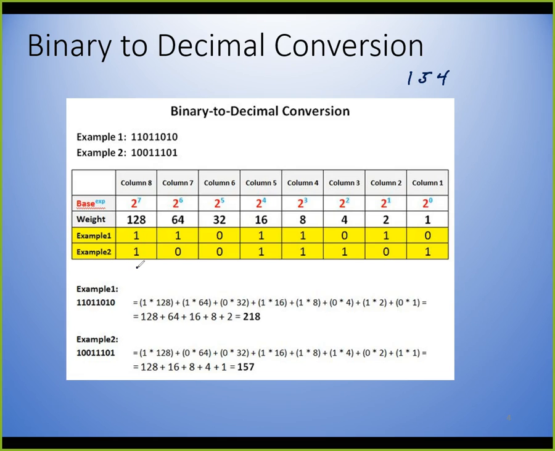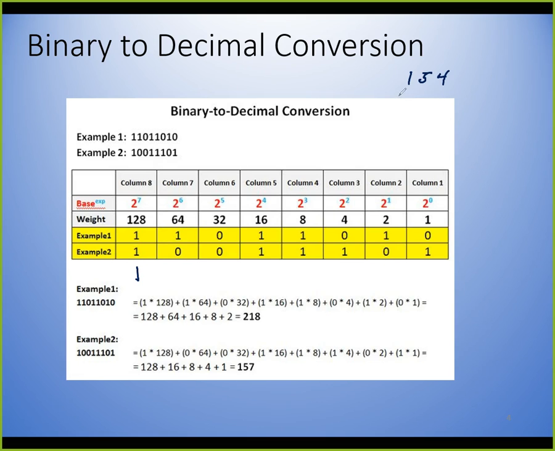And the answer is yes, because if we added all of the other numbers up, 64 plus 32 plus 16 plus 8 plus 4 plus 2 plus 1, that would be 127, and then we would struggle to get to the number that we want. So 128 is less than or equal to 154, and the answer is yes.